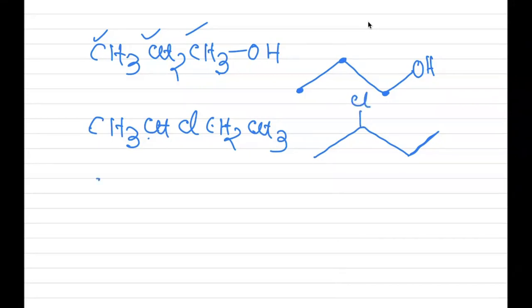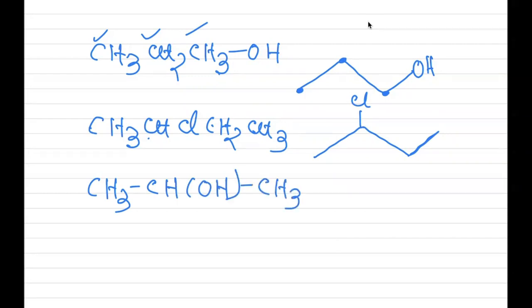Now next, see this one, CH3, CHOH, CH3. Okay. How many carbon atoms are here? In this molecule, how many carbon atoms are here? 3. So 1, 2, 3.